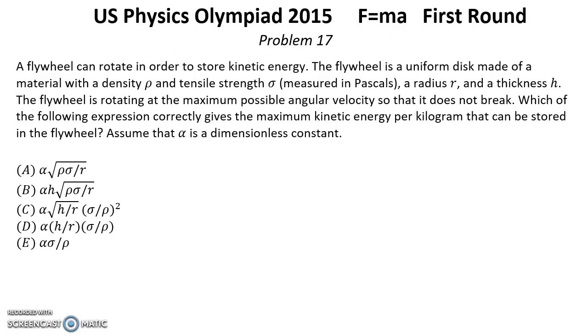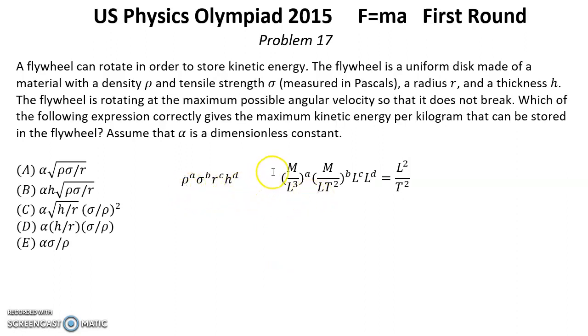Solution. In this problem we have to use dimensional analysis, and for that we have to find the exponents for this expression, which should give us energy per mass units. So it means that we have to insert, instead of these variables, their dimensions.